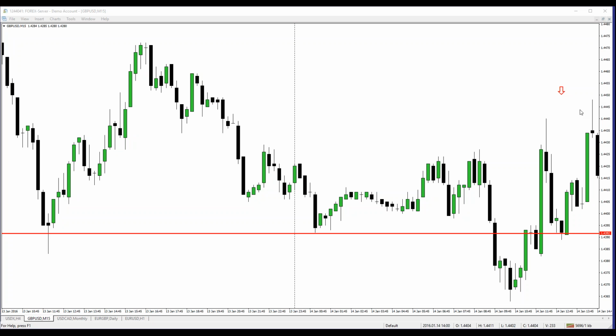Trusting that you're able to see reactions and moves before they happen. But more importantly, if you do get caught up and you take a trade and it starts to scream against you, you have to know where it's most likely going to reach for.